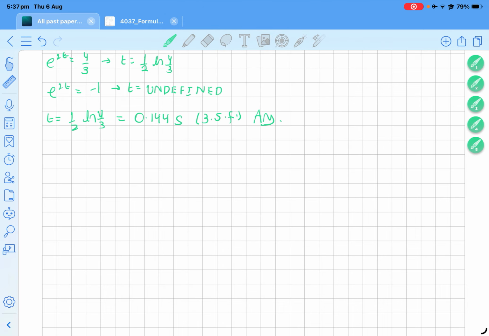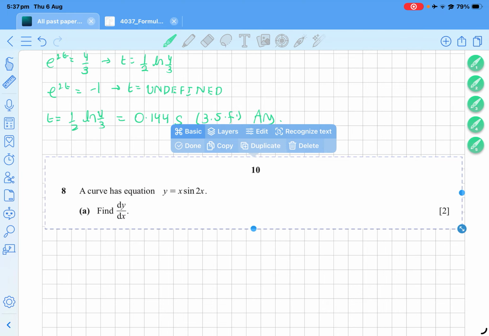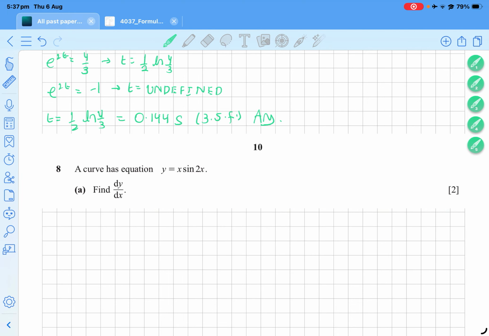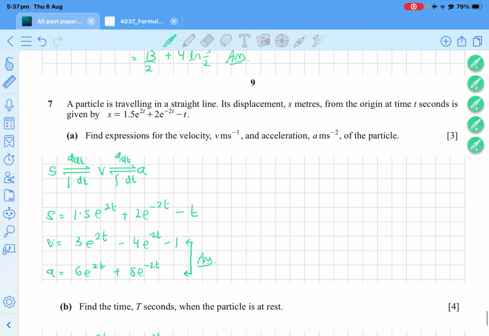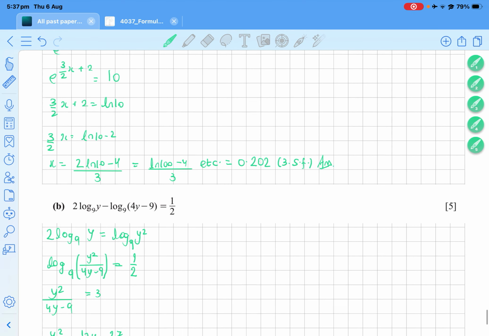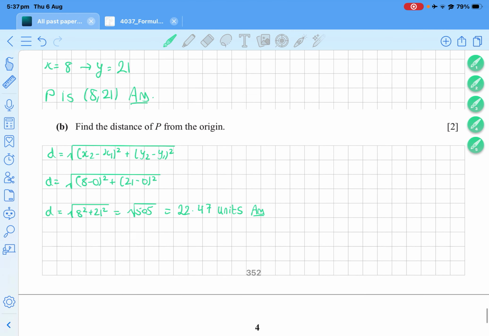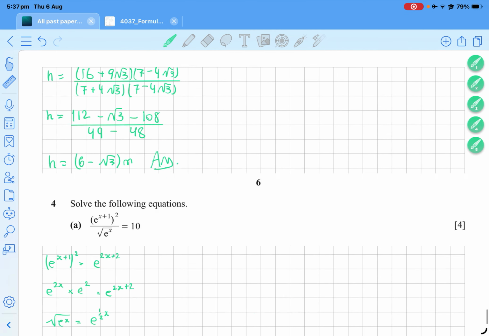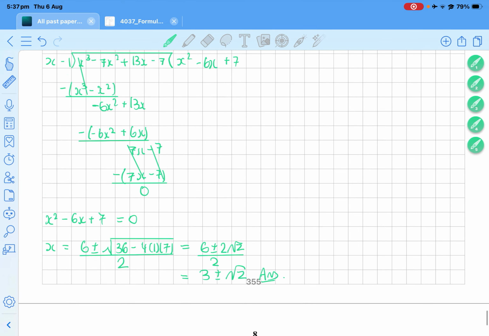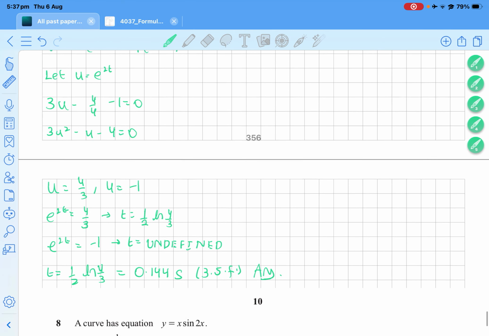So we're almost done with the paper. Just a couple more questions to go. It's as if I've been cheating the whole way. I mean, this paper is a short paper, to be fair. I've only done like how many pages?